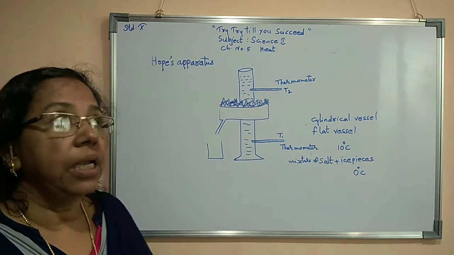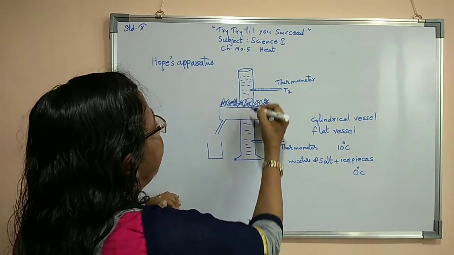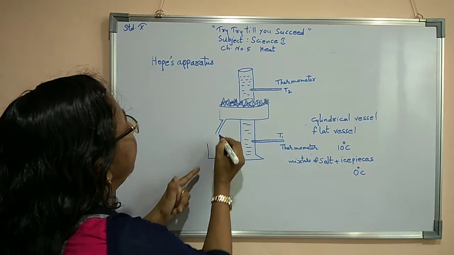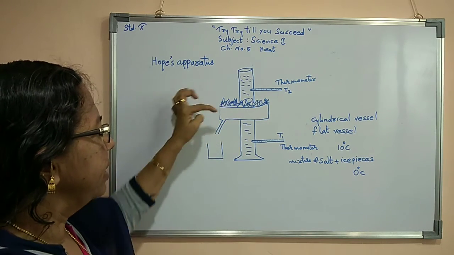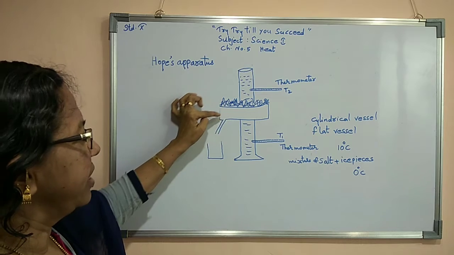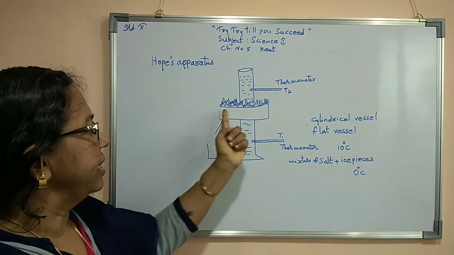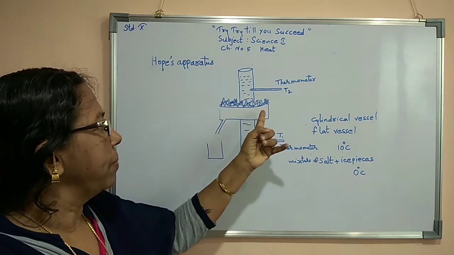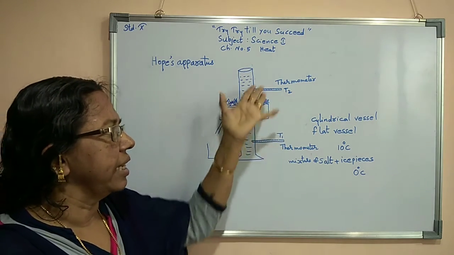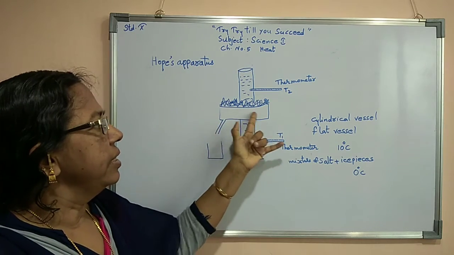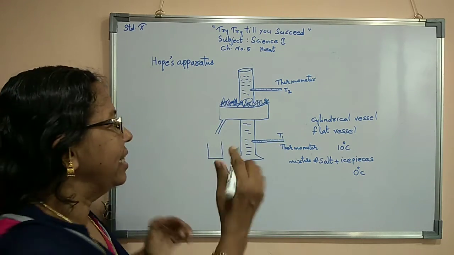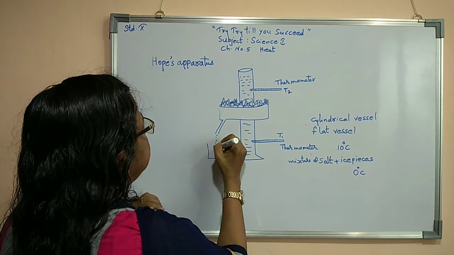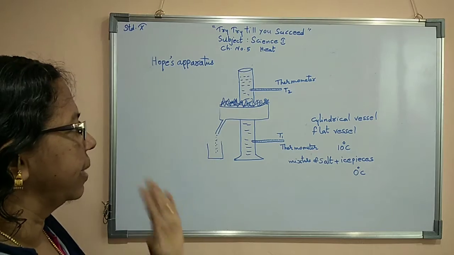One tube is connected for removing the water which is forming inside this flat vessel at room temperature. We open it and keep a container, so the water formed can be collected in this container.